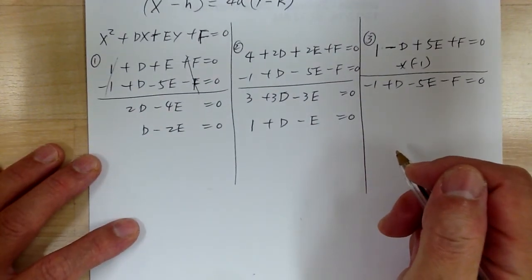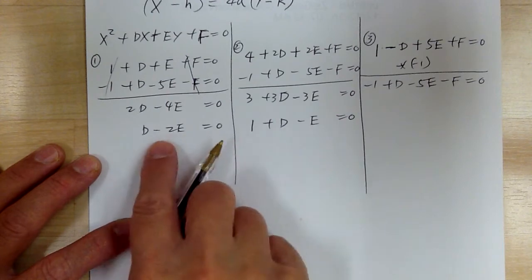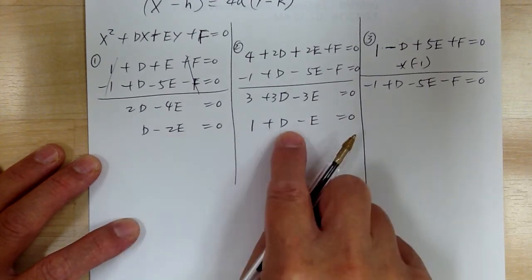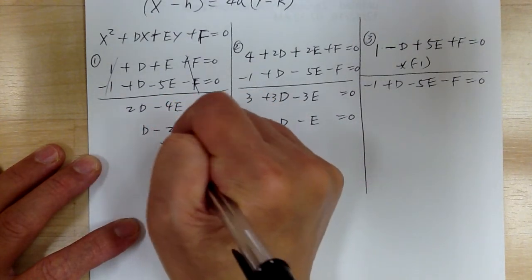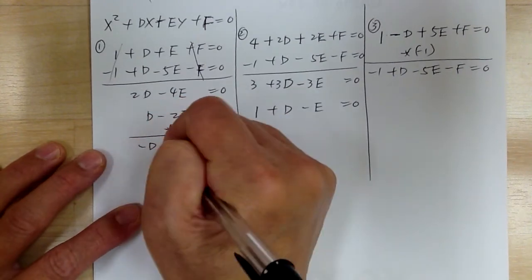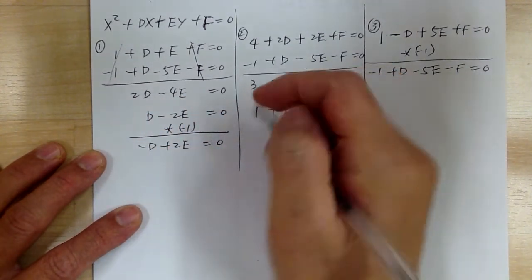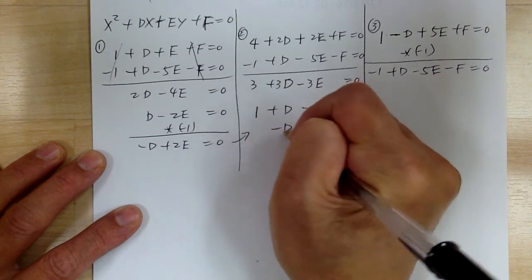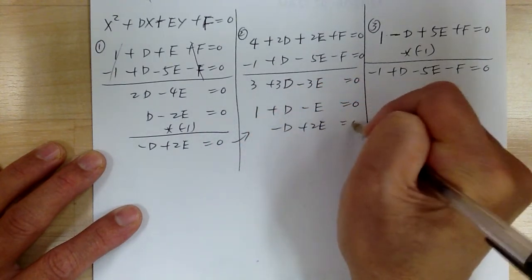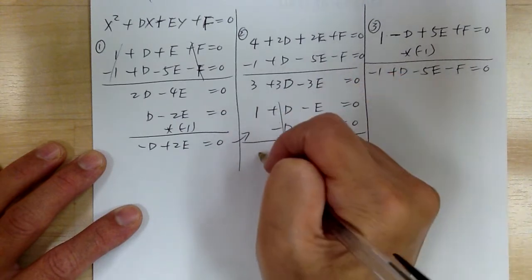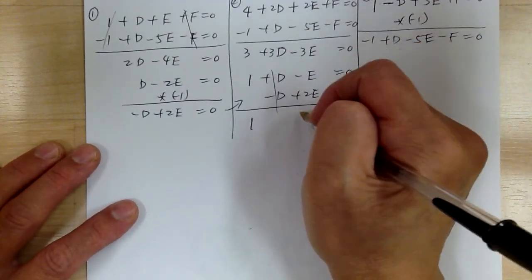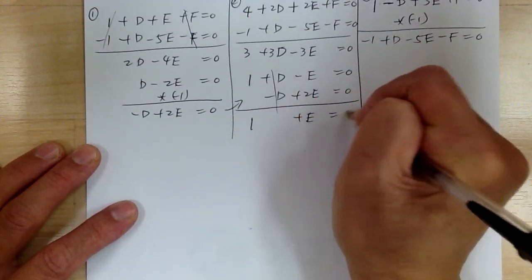And then I'm going to eliminate the d. So I'm going to multiply this by -1 and put it under here. So I get negative d plus 2e equal to 0. Put over here. So I add. So I get 1 plus e equal to 0.